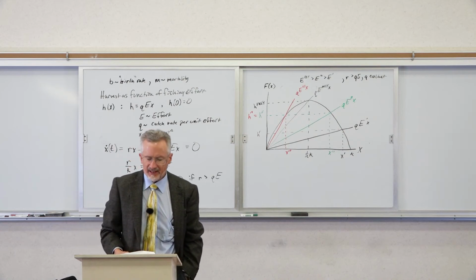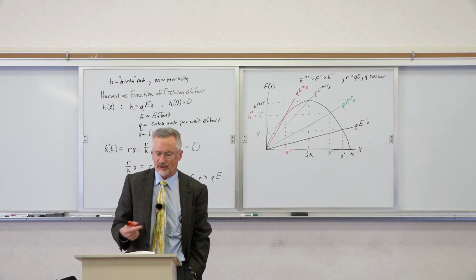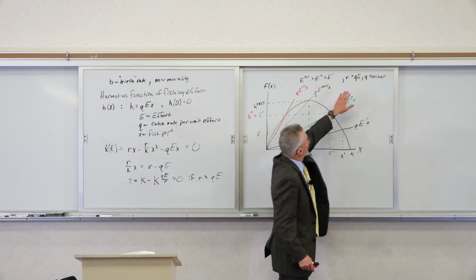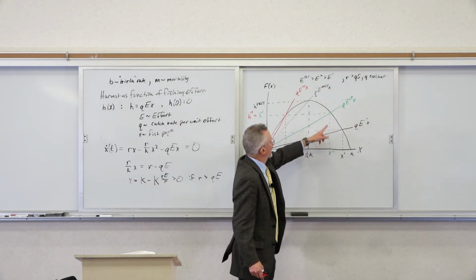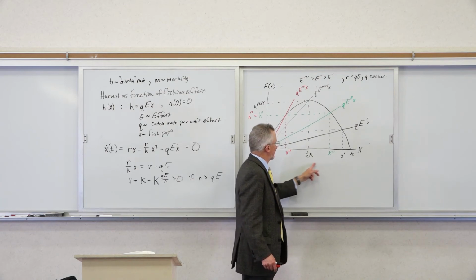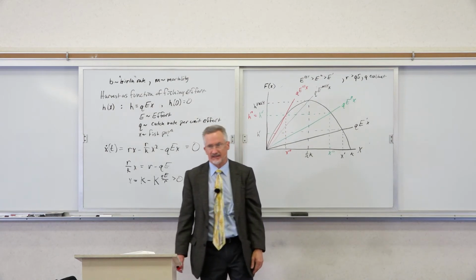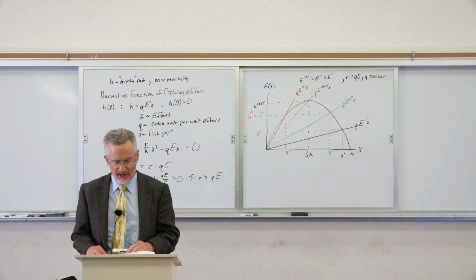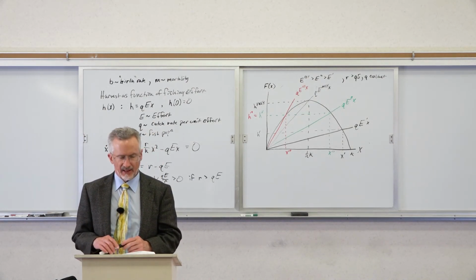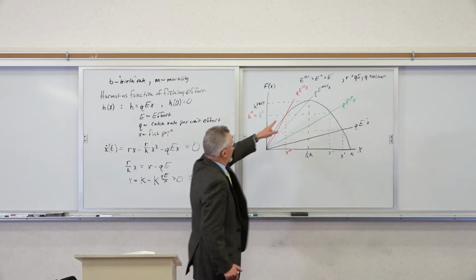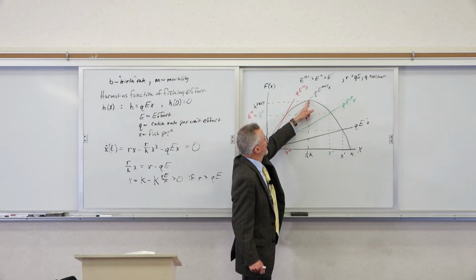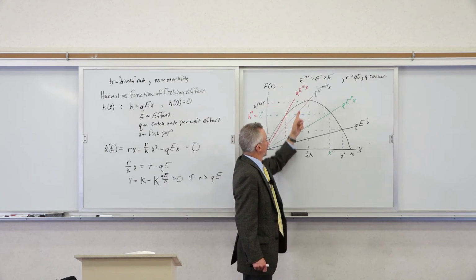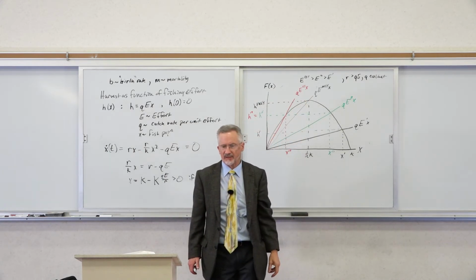Well, first of all, for any level of effort, we're going to have a unique, stable, sustainable population and catch. This level of effort will get us the maximum sustainable yield right here and bring us a population of this.